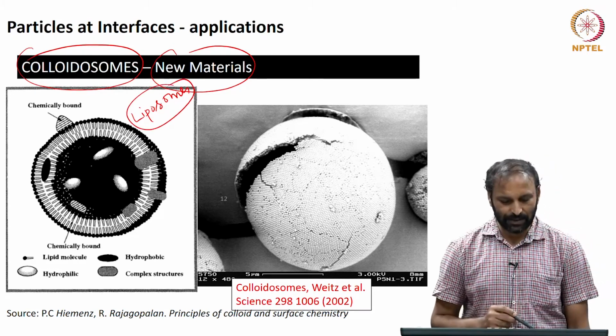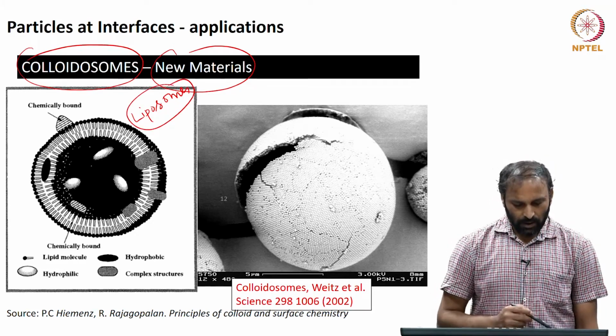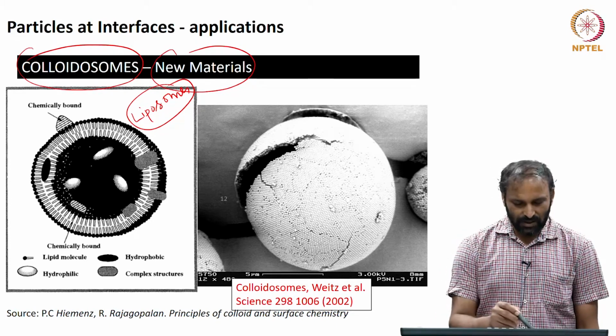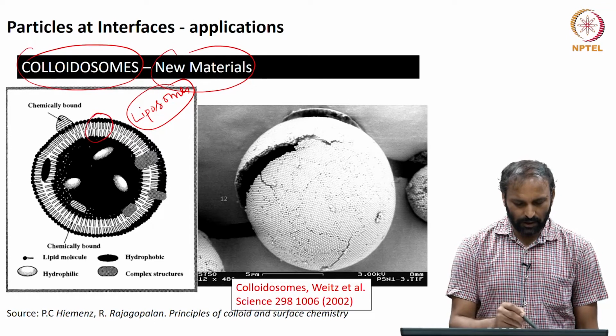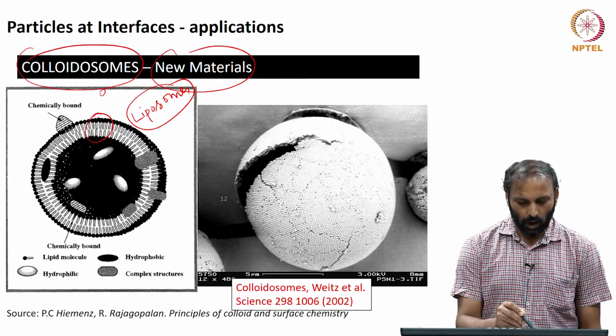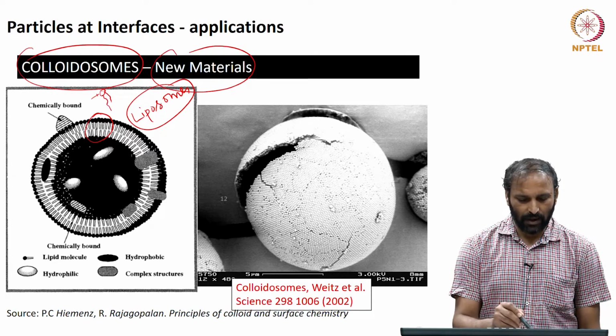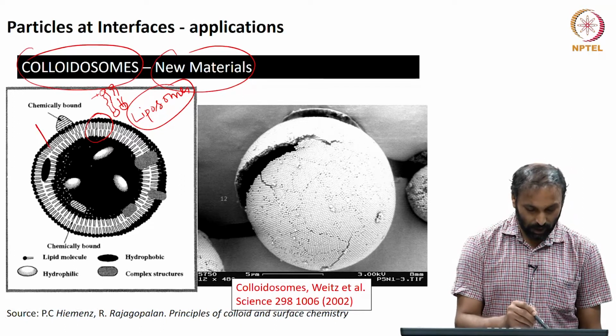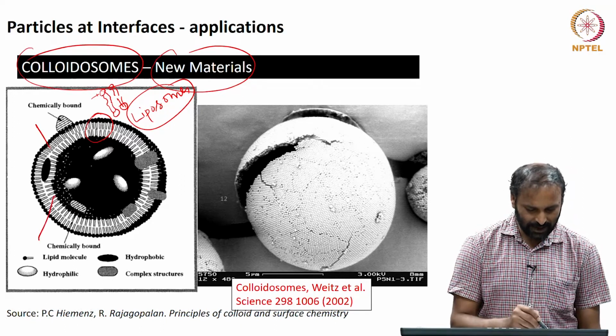These liposomes are containers which are stabilized by lipids. What you are looking at here is lipid molecules which have one head group and two tail groups, and they are arranged in a particular fashion to give what are called surfactant bilayers. That is, one layer of surfactant, and that is the second layer.